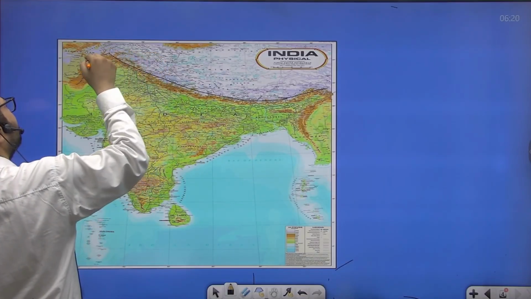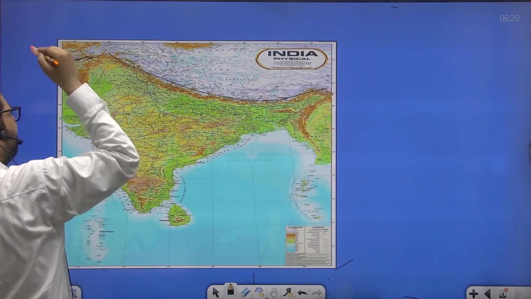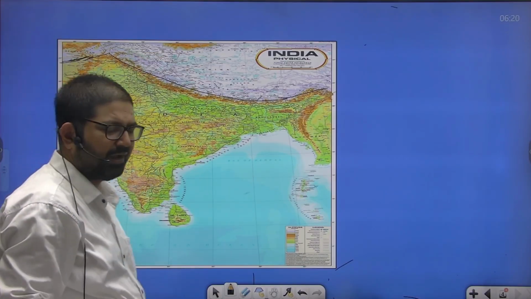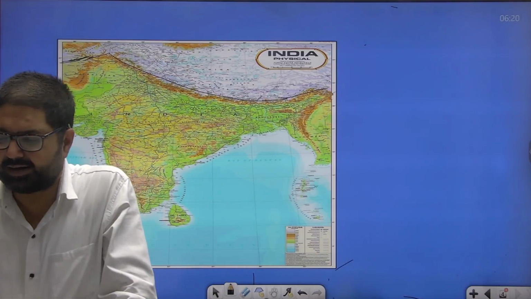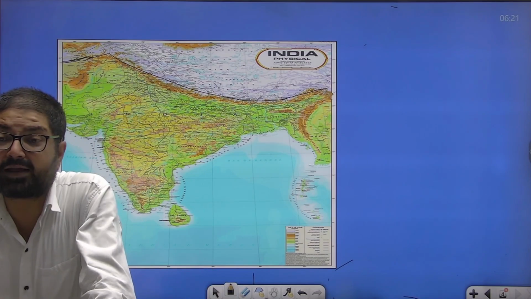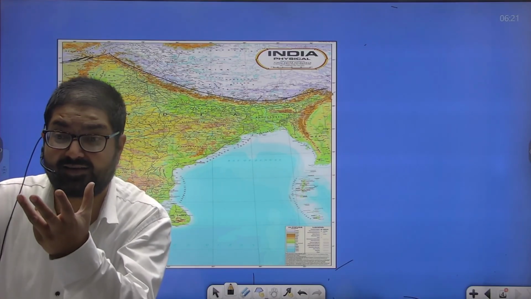In northwest, Hindu Kush separates this landmass from rest of Asia. Himalayas and Hindu Kush have created a well demarcated self-contained region.